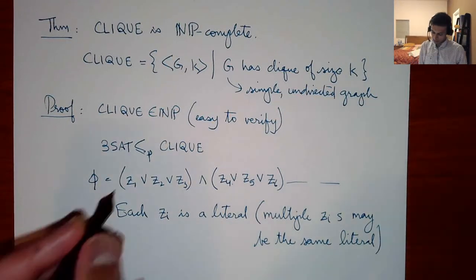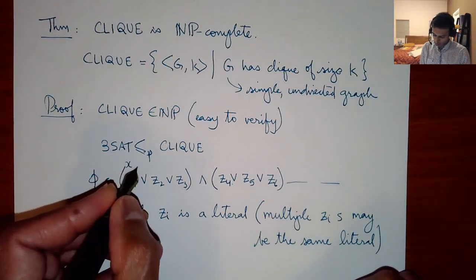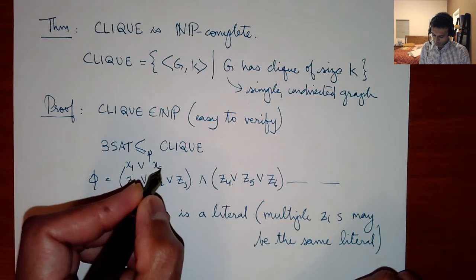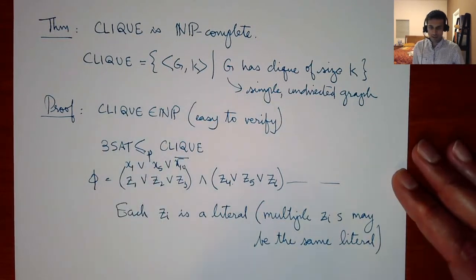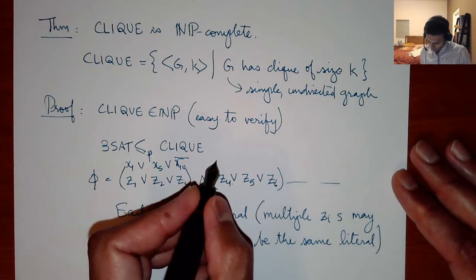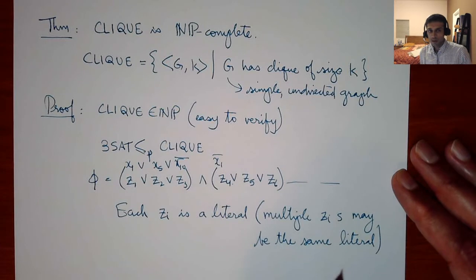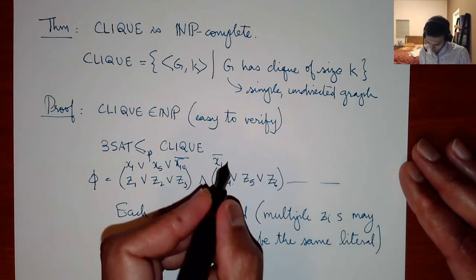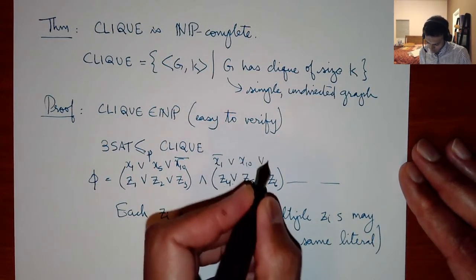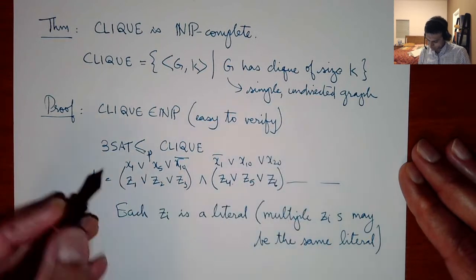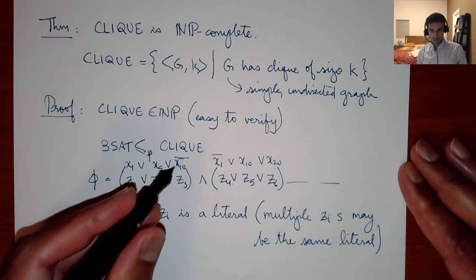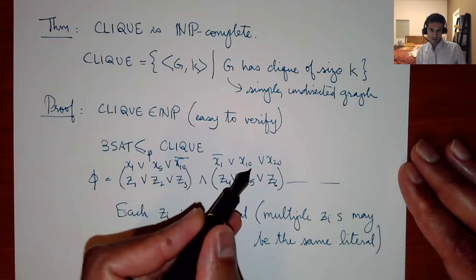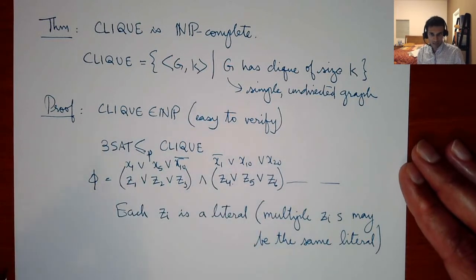So it could be the case, for example, that this is x1 or x5 or the negation of x10, and z4 may actually be the negation of x1 or x10 or x20, so on and so forth. I'm just going to call these z1, z2, z3, z4, z5, z6, just giving these things names.